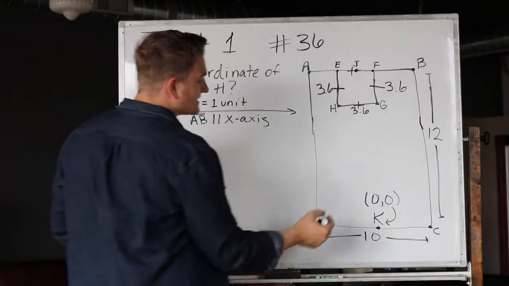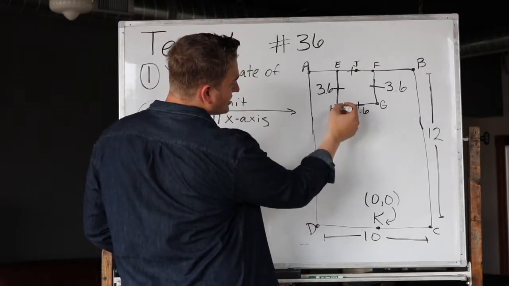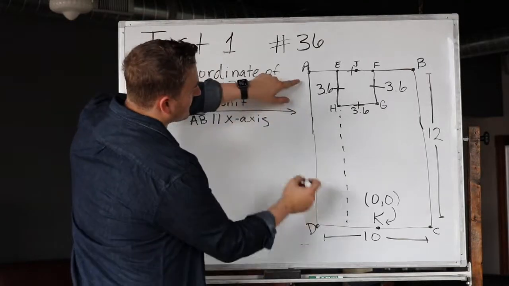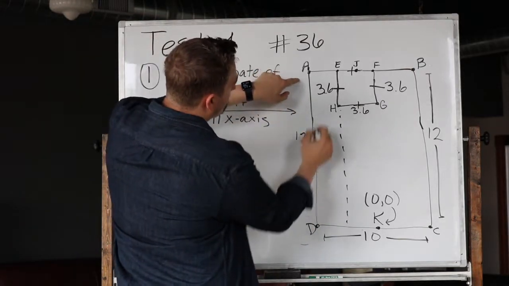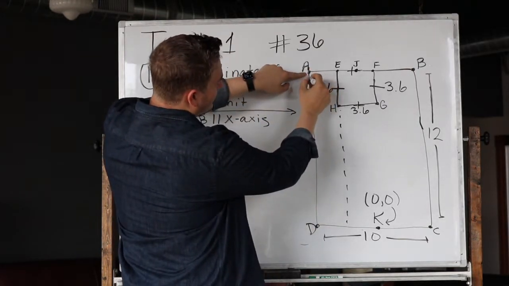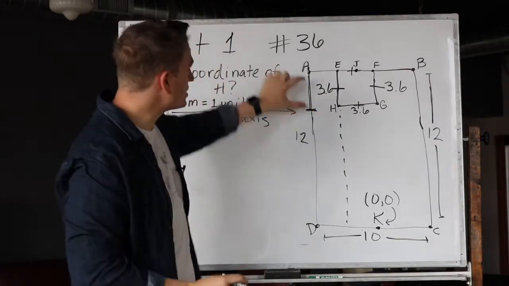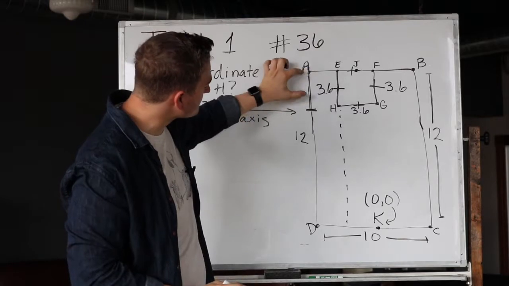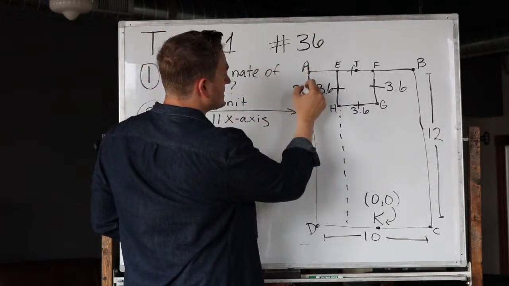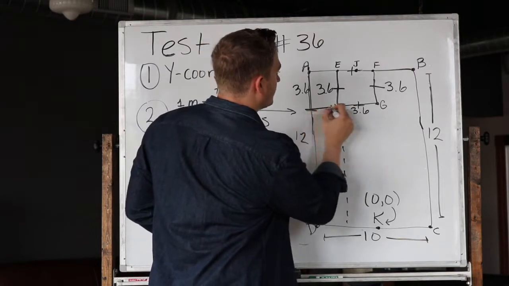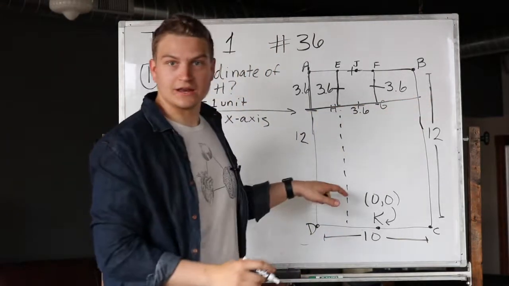So now if I look at the distance that H is above my axis, you'll notice that I can start by going up 12 and then coming back down to right here. And we know that this distance, the distance from here to here, is 3.6. So H is right along this line right here.